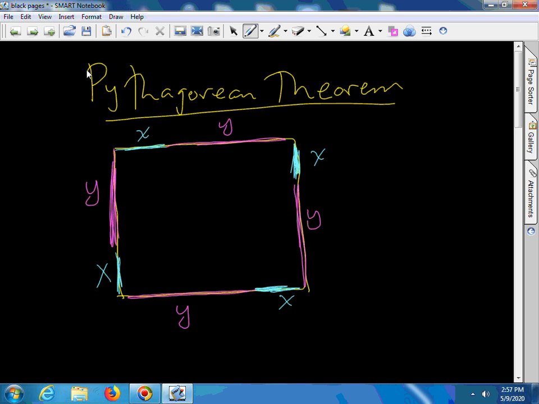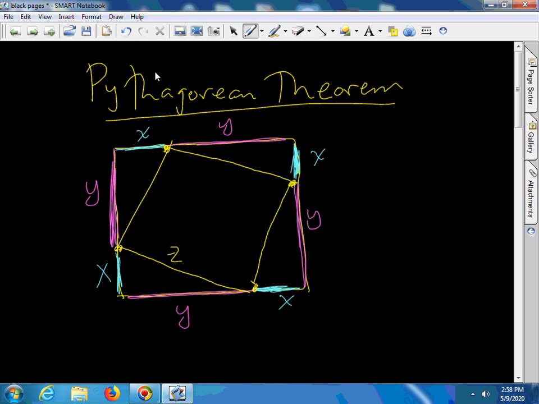And then I'm going to make what I claim is a square. And I'm going to call the side z. But let's first verify that it is a square.